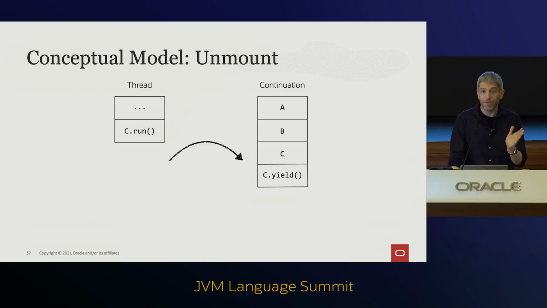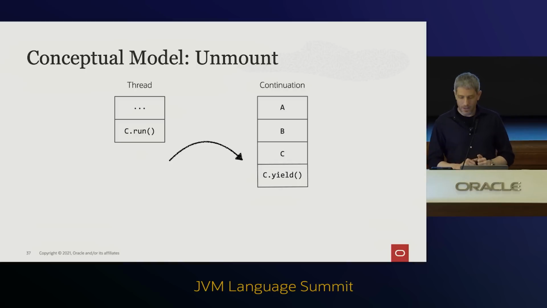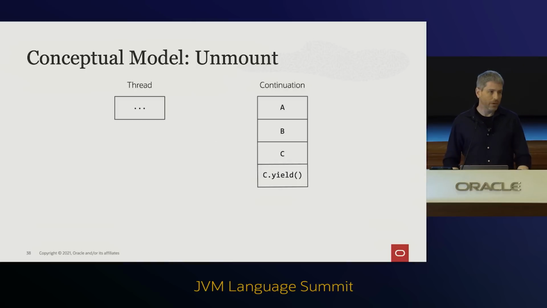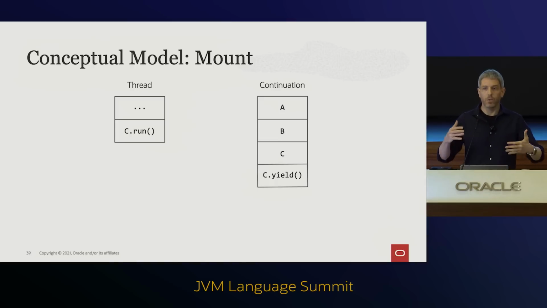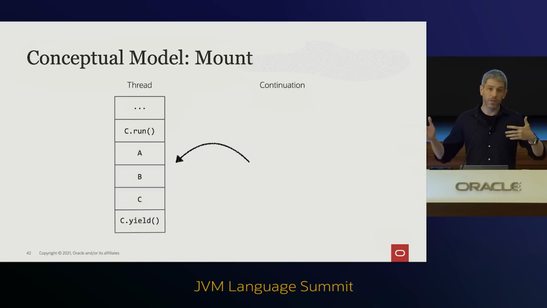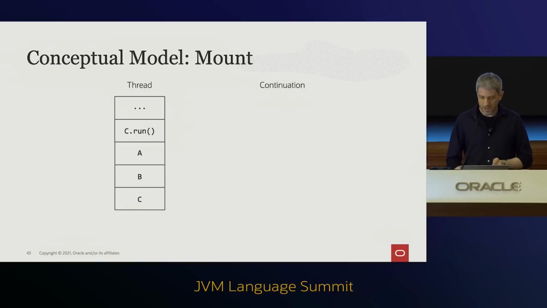So it's as if we transfer those frames over to the side to some continuation object, and then we can return from run. The next time that we mount the continuation, that we call run again, the opposite thing happens. We want yield to return with all the state of the continuation, so it's as if we take all those frames inside the continuation and transfer them over to the thread stack, and then we can return from yield. And then we return to C and continue executing.